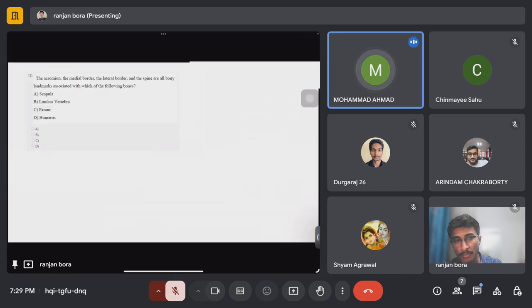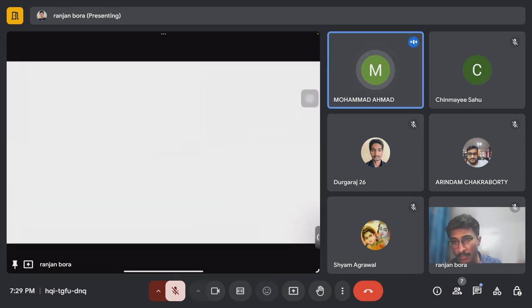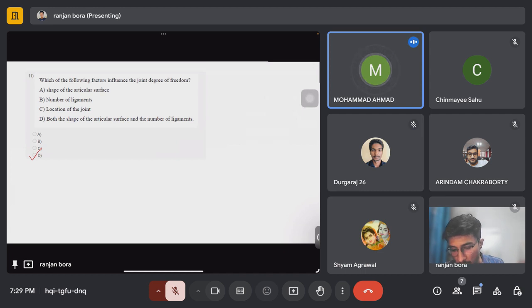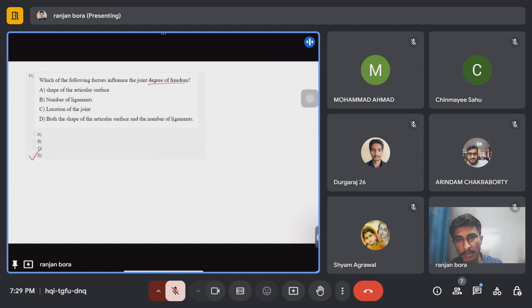So can you explain this question by an example? Yeah, like what is degree of freedom? What do you understand by degree of freedom?